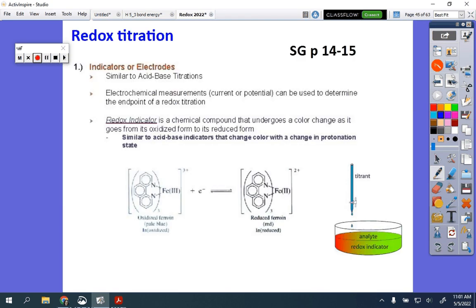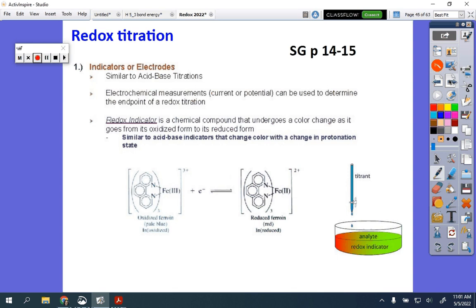Okay. All right. Last thing that I want to talk about today is redox titrations, which we have done with the pool water. Remember when we tested the chlorine in pool? That was a redox titration. Okay? It's very similar to an acid-base titration.